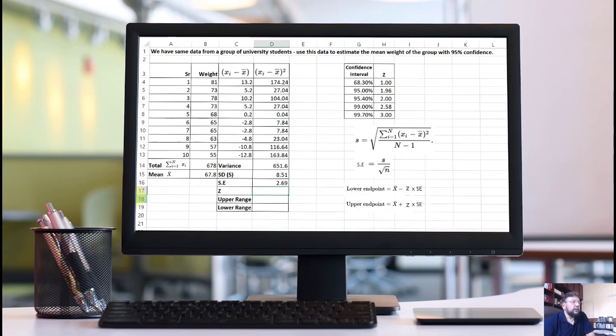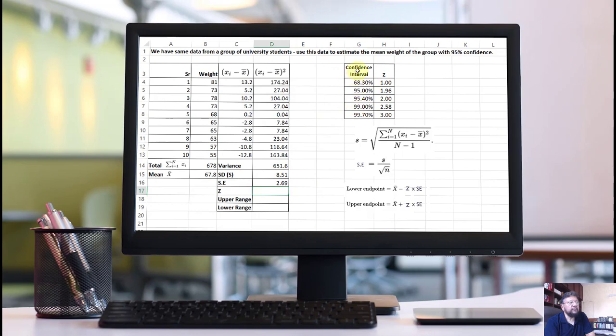Okay, now if you look at this side, in this formula we're looking for confidence interval. To get the confidence interval, notice we have the mean, which is represented by x bar. We know this value. We know SE, which is the standard error. That's done. Now we need a value which is called Z. Z is going to come from the table over here.